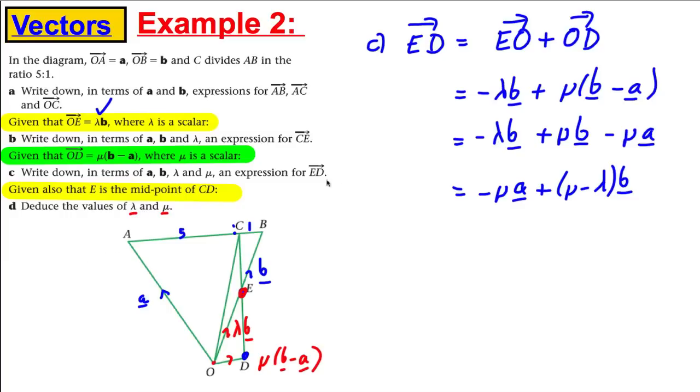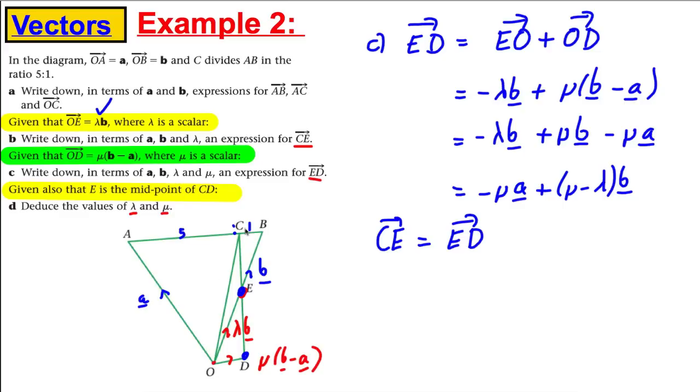We have worked out E to D and we've worked out C to E. So if E is the midpoint, then C to E must be equal to the vector E to D, because E is in the middle.